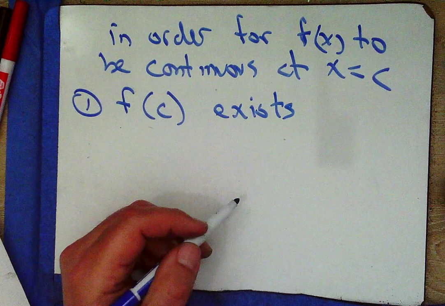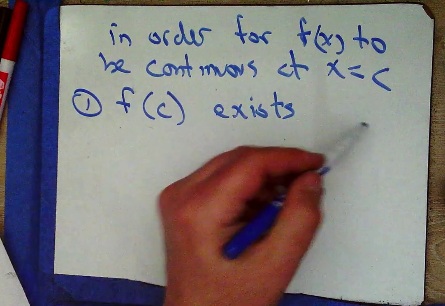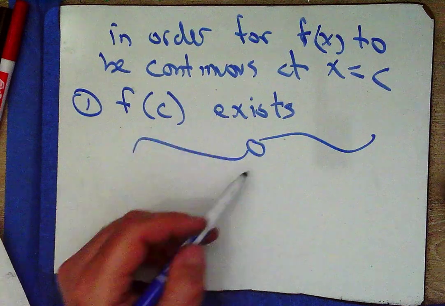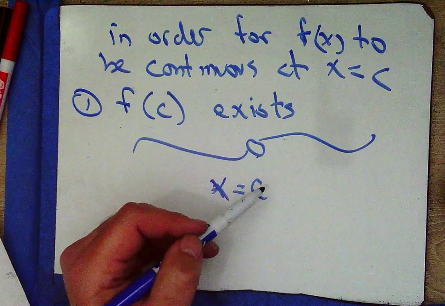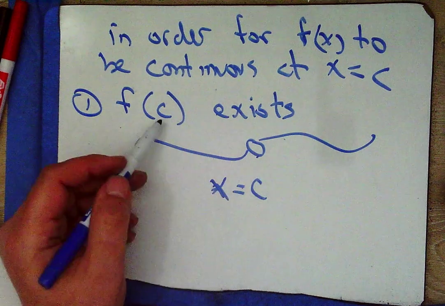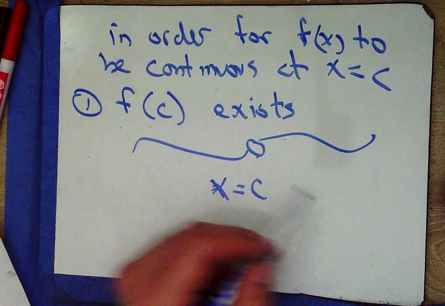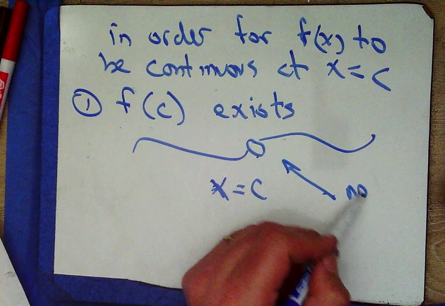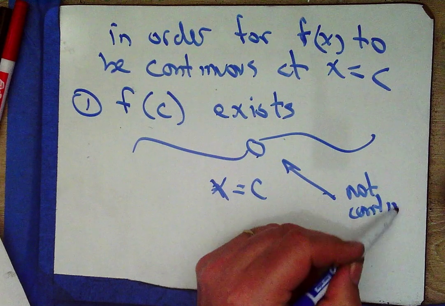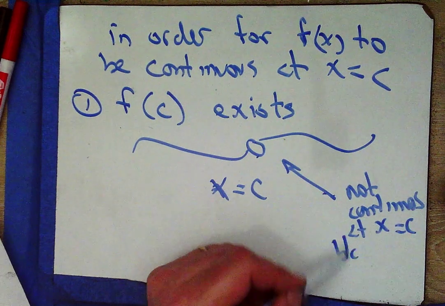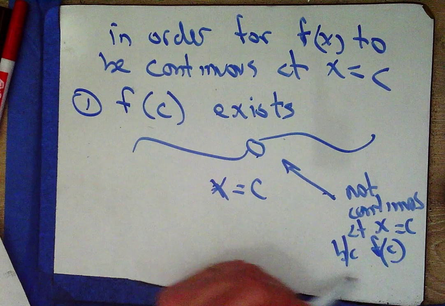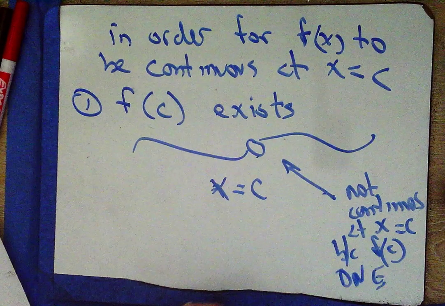If the point doesn't exist, then the function isn't continuous there. Look, at x equals c, the function doesn't have a value, and therefore the function is not continuous, because f of c does not exist.